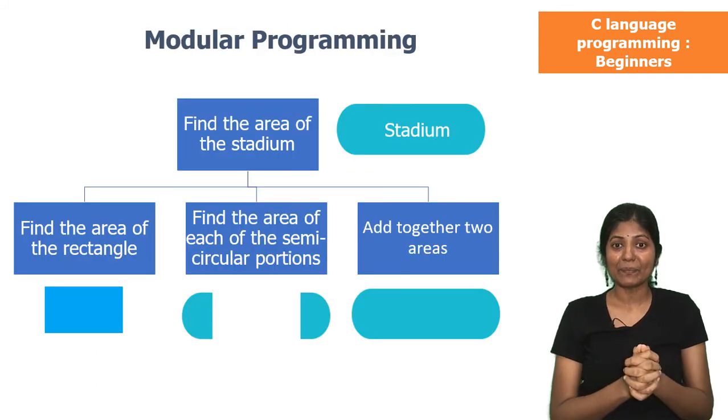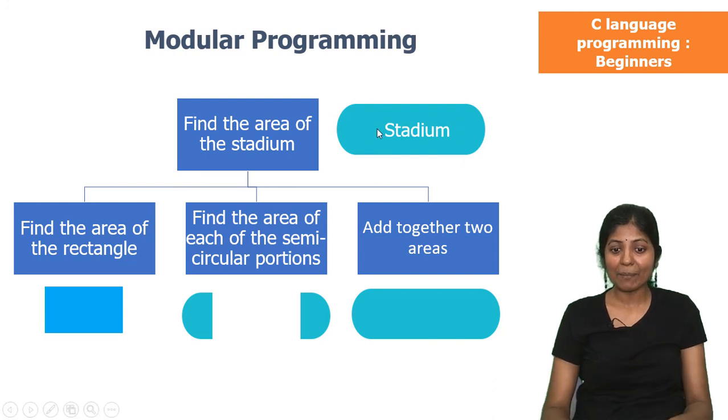Let's say for example, we want to calculate the area of a stadium. The shape of the stadium is like this. Instead of calculating the area of this stadium at one point, we will divide this stadium into meaningful partitions. Let's say we divide it into 3 parts. The first part is a rectangular portion, which is the middle part, and the left and right we divided into semicircular portions.